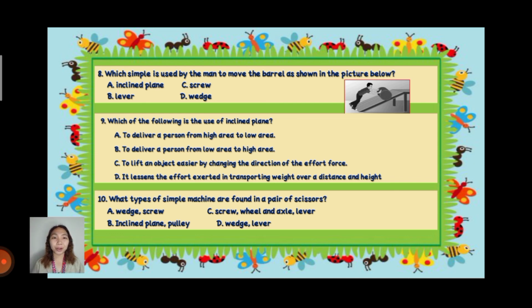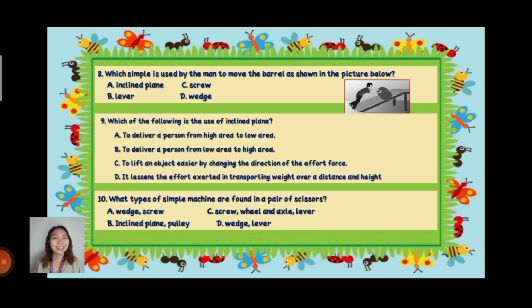A, to deliver a person from high area to low area. B, to deliver a person from low area to high area. Letter C, to lift an object easier by changing the direction of the effort force. Or letter D, it lessens the effort exerted in transporting weight over a distance and height.